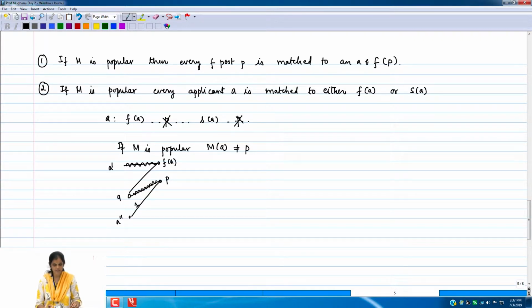So this statement is true: if a matching is popular, then it cannot match anybody outside its F post or S post. So then should we look for a third post? A third post is only going to be below the S post, so if we use that edge, then that matching cannot be popular. Therefore there is no point in using a third post.